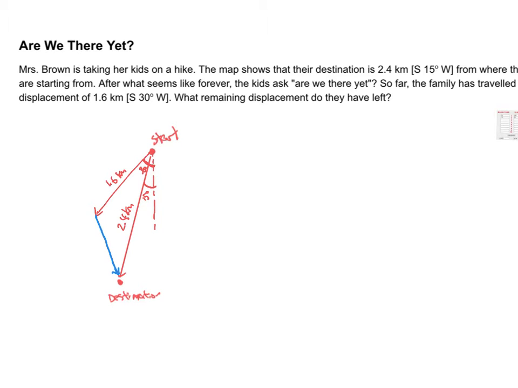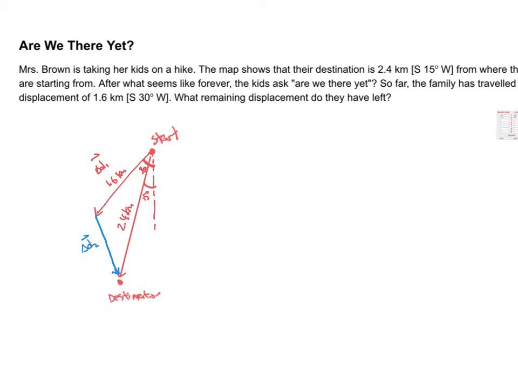So this turns out to be subtraction. What we need to find out is subtraction. If I call this, for example, I'll call this the second displacement, whereas I'll call the 1.6 kilometers the first displacement.